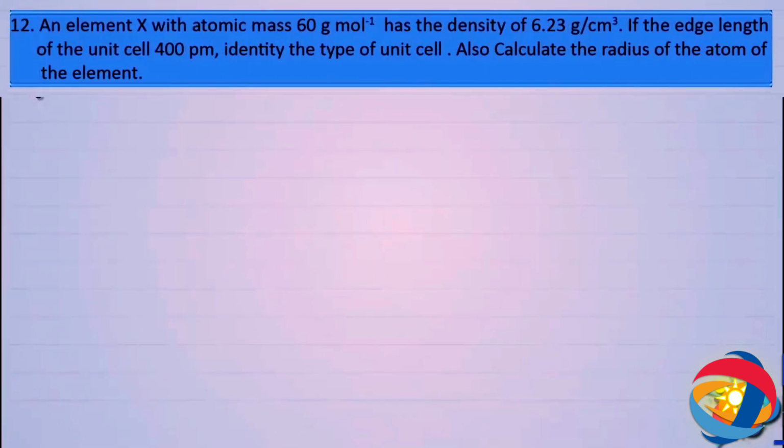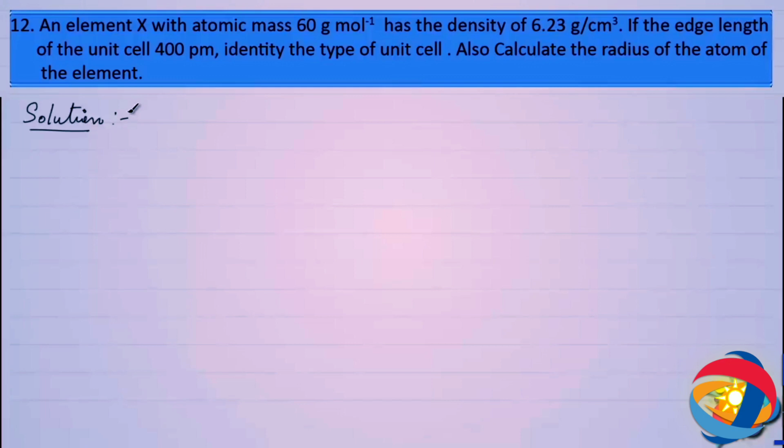An element X with atomic mass 60 gram per mole has the density of 6.23 gram per centimeter cube. If the edge length of the unit cell is 400 picometer, identify the type of unit cell. Also, calculate the radius of the atom of the element. Let's write down the given data.